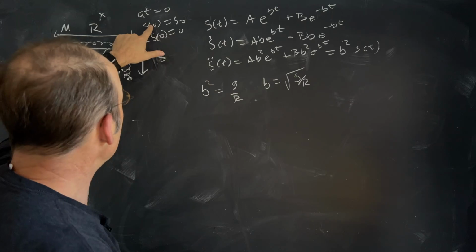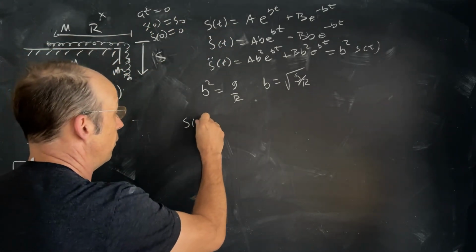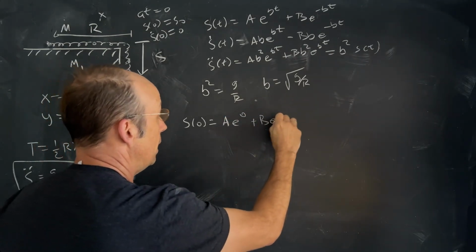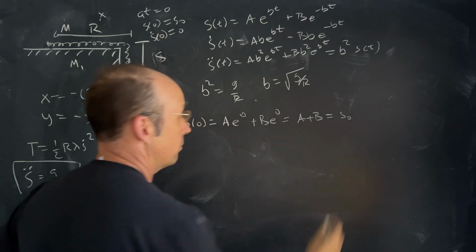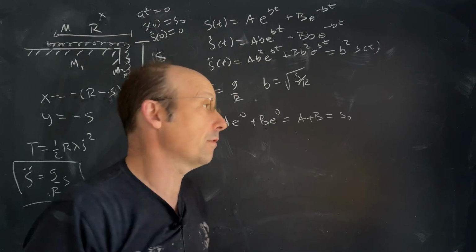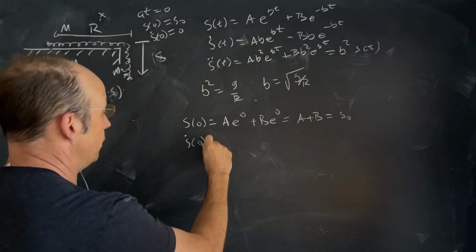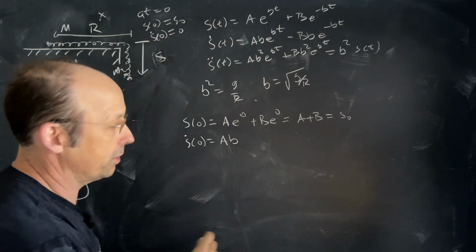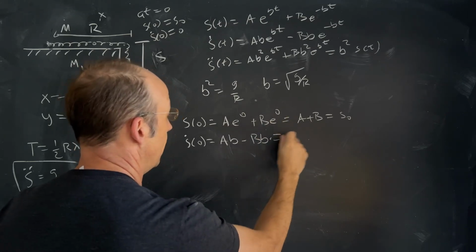If s of 0 is s0, I can plug it up here and say s of 0 is a e to the 0 plus capital B e to the 0. So a plus B equals s0. I don't know a and I don't know B individually, but I do know that a plus B is s0. Now let's do the velocity. s dot of 0 is going to be equal to a b e to the 0, which is 1, minus capital B b e to the 0, which is just 1, and that's 0.